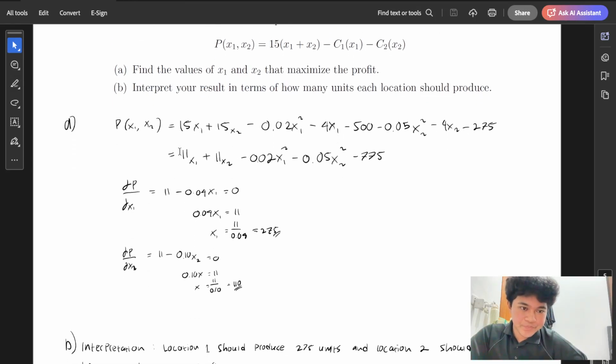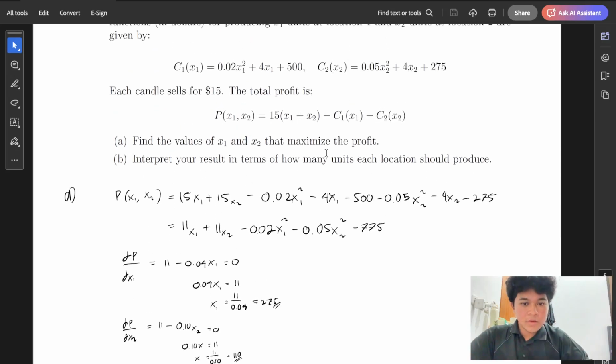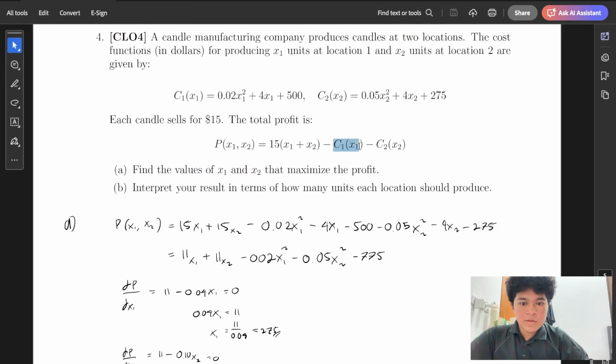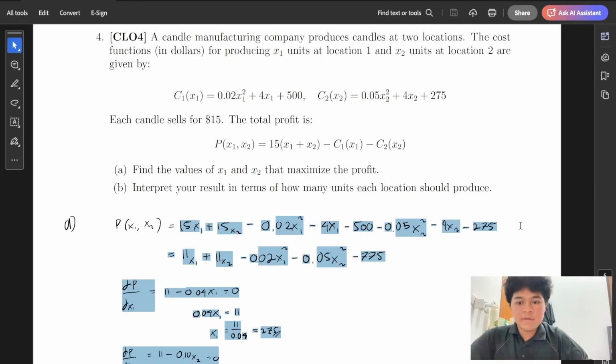Okay, so this is the equation for the total profit. We just replace this with this and this with this, so we will get this.